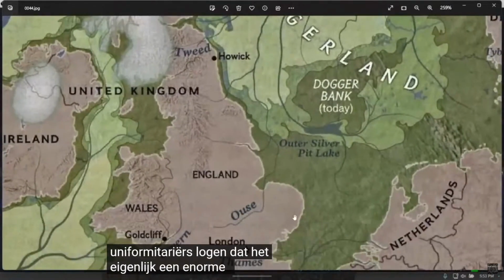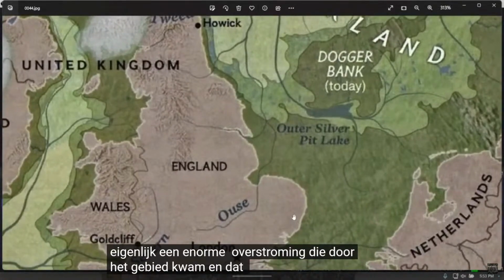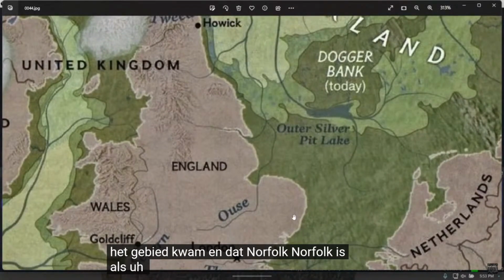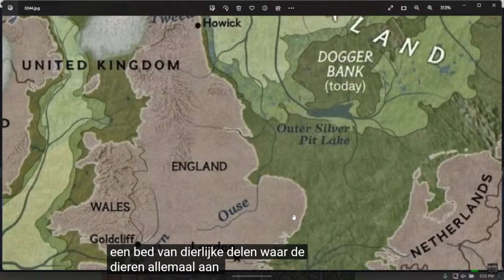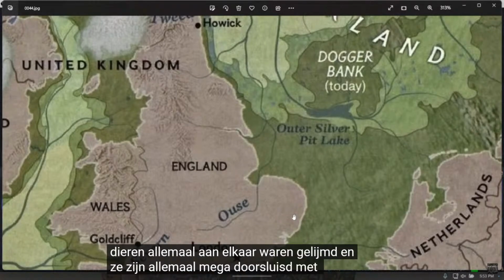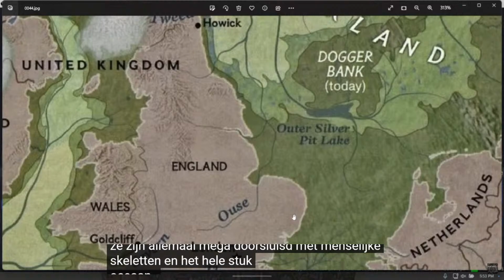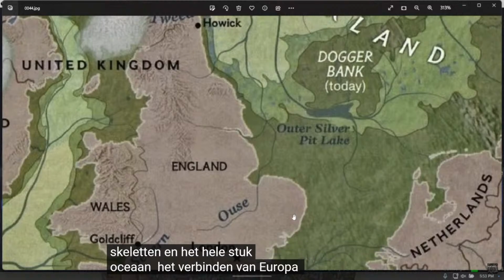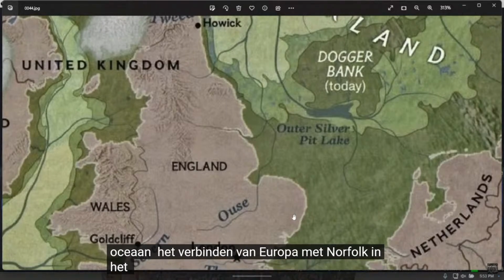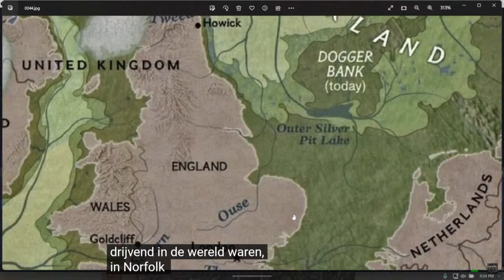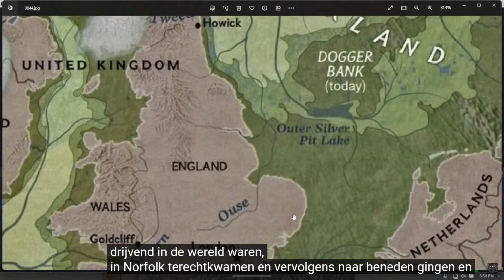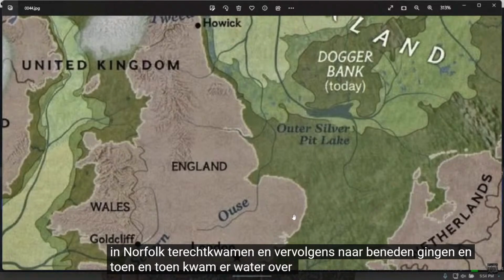It was actually a huge flood that came through the area, and Norfolk is like 60 feet of pure clay on top of a bed of animal parts, where the animals were all glued together, and they're all megafauna with human skeletons, and the entire stretch of ocean connecting Europe to Norfolk in the UK. It's mad. It's where all the organisms that were bloated and floating in the world from the flood ended up at Norfolk, and then water came over and clay buried them.